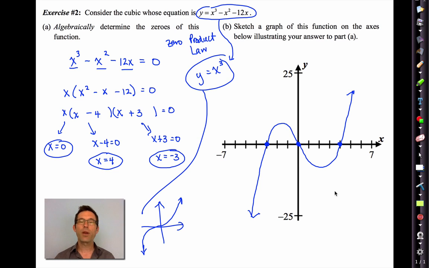All right. Now what I'd like you to do for a moment is pause the video, put that cubic into your calculator, and verify that that's the way it looks. Okay, pause the video now and give that a try. All right, isn't that kind of cool?